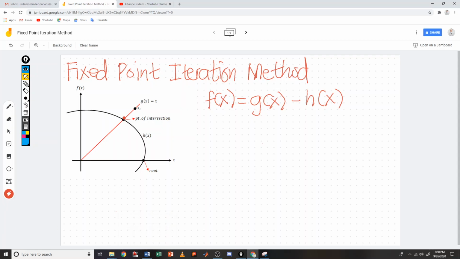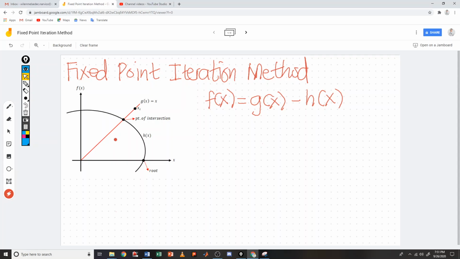As you can see in the illustration of the graph, which illustrates the fixed point iteration method, we have a line here that represents g(x) = x.